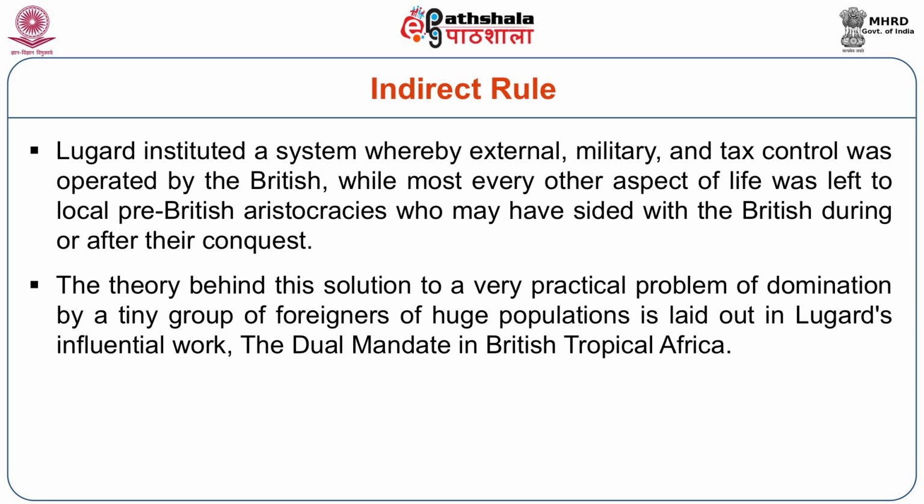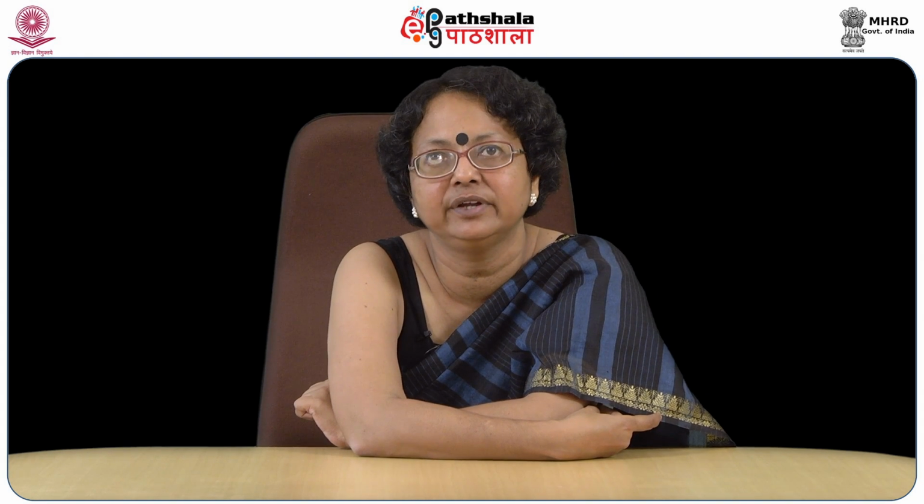The theory behind this solution to a very practical problem of domination by a tiny group of foreigners of huge populations is laid out in Lugard's influential work called The Dual Mandate in British Tropical Africa. Since this policy was applied across the Caribbean, there is naturally a relation between the policies in Anglophone Africa and in the Anglophone Caribbean areas.